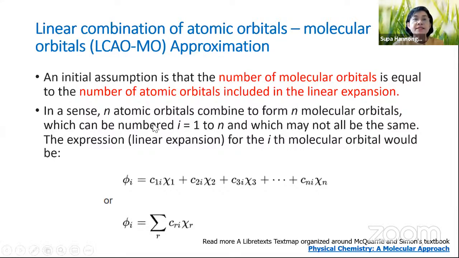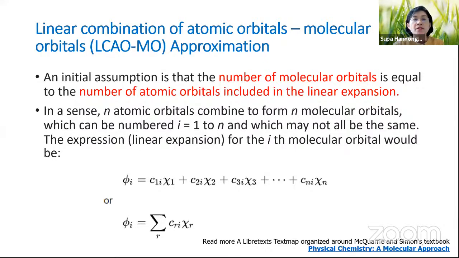So in the sense, if we have n atomic orbitals combined to form n molecular orbitals, which can be numbered i equal to 1 up to n, these may not all be the same, okay? And the most important is that the linear expression for the i-th molecular orbital can be expressed like the equation on the screen.